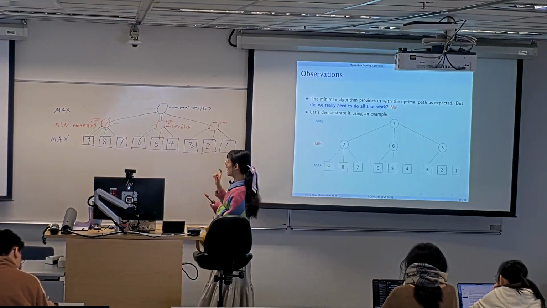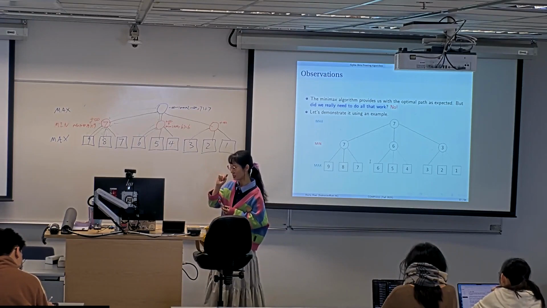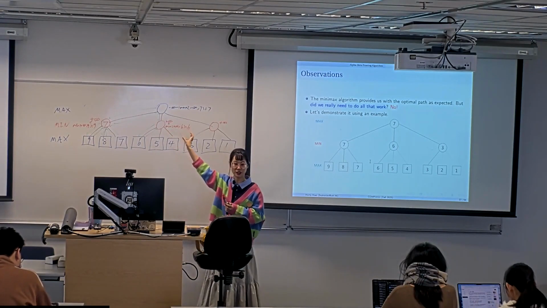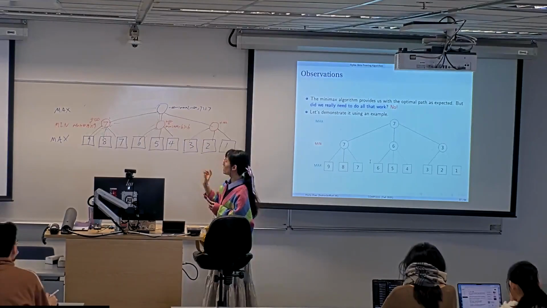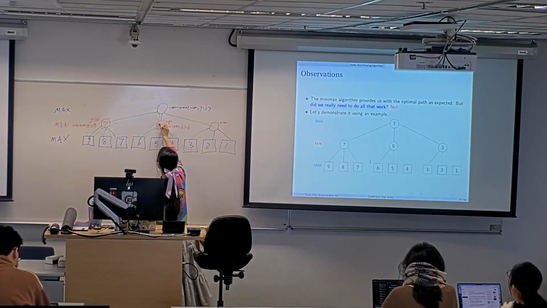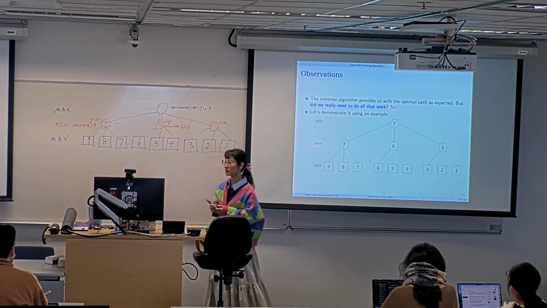Okay, so this is the crucial moment. Now for this min node, we don't know what the final value is, right? But at least we know this value should be smaller than or equal to 6.